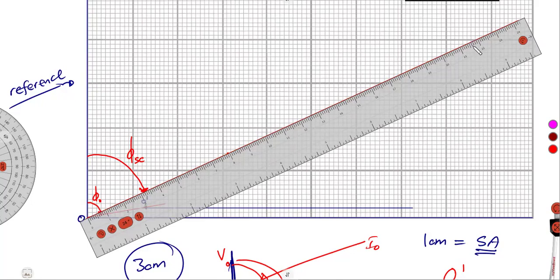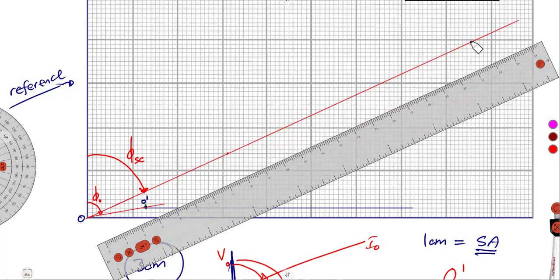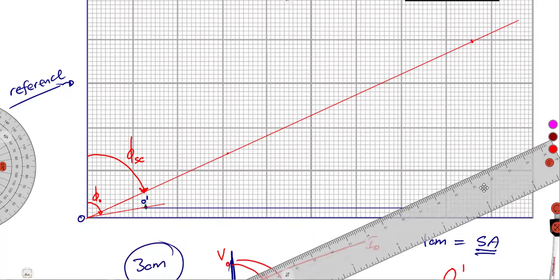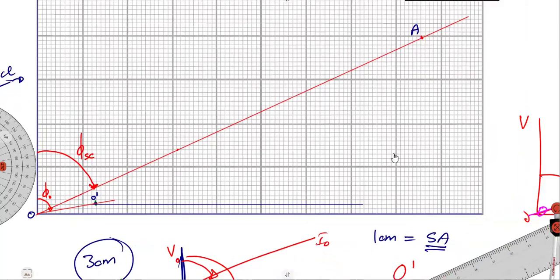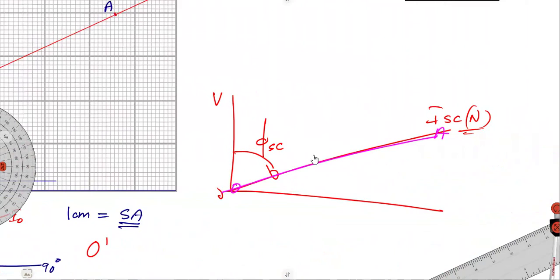I must have that point indicated or marked. It was somewhere there. So this is where we have our point A, from O to A. You mark that point A. So OA represents the short circuit current at normal voltage. That is the exact idea of that part.